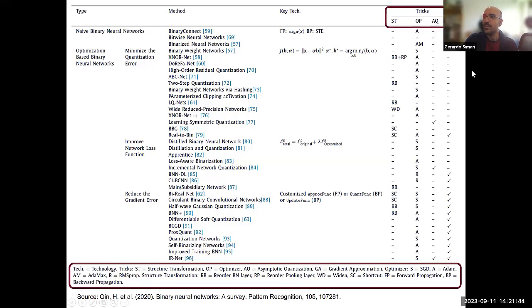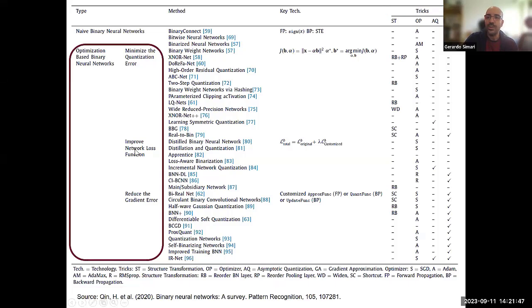So the other strategies that we were mentioning are, in this case, the authors chose to essentially classify the approaches based on these. The first ones focus more on minimization of quantization error, then the network loss function improvement, and then the reduction of gradient error.